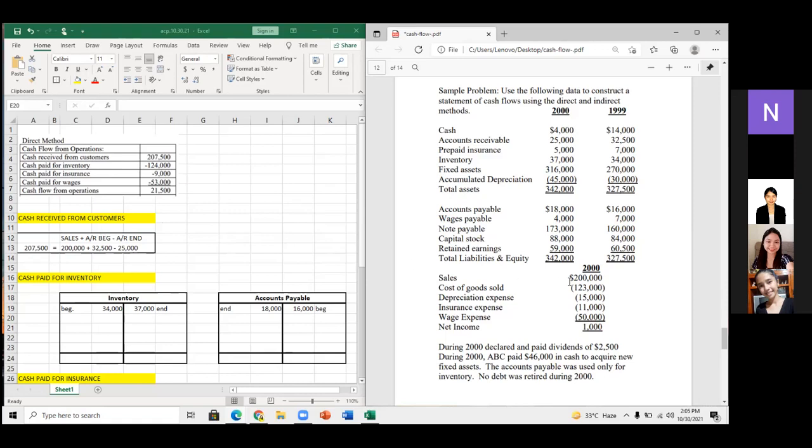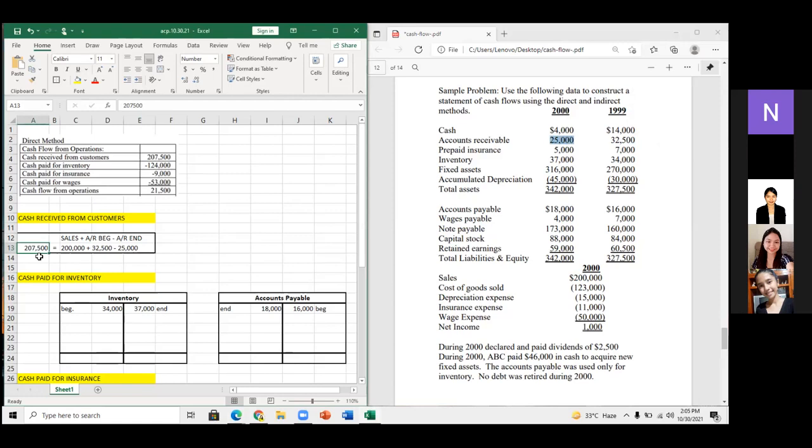Yung sales dito na 200,000, tapos in-add natin yung beginning na accounts receivable, 32,500. Tapos niles natin yung accounts receivable end na 25,000. Kaya makukuha natin dyan yung 207,500 na amount na cash received from customers.